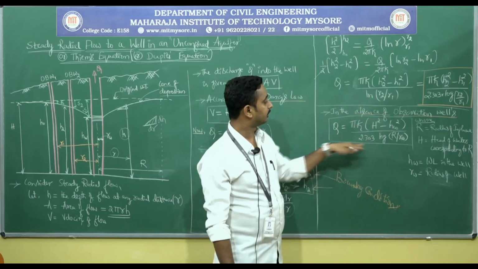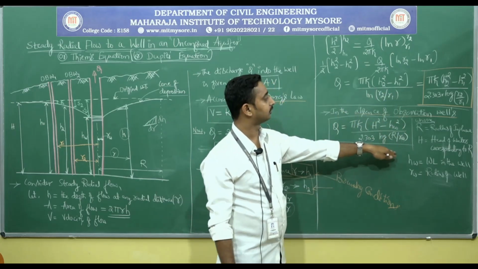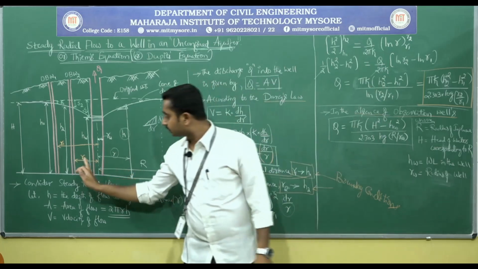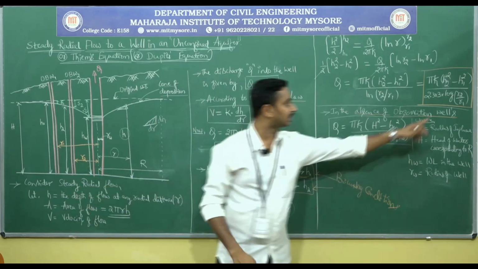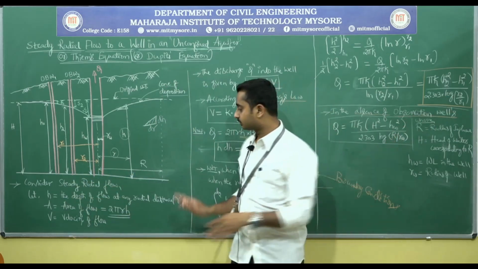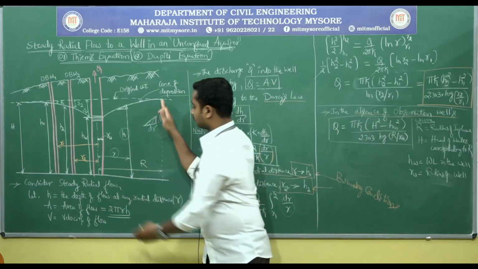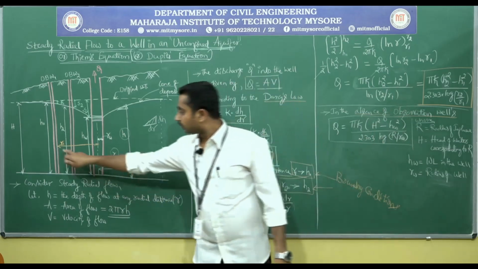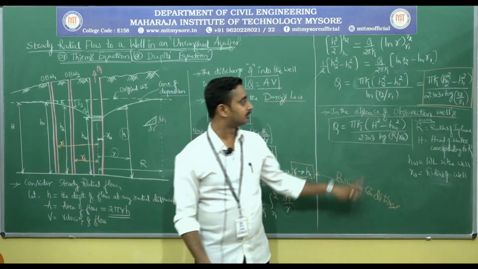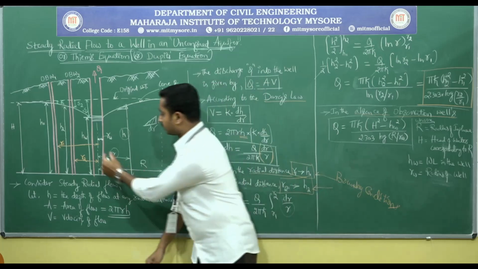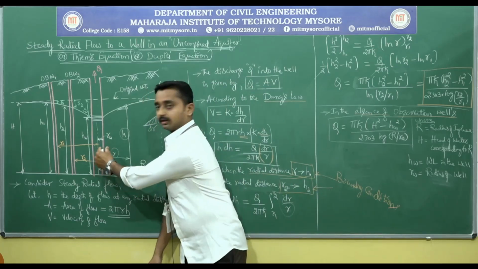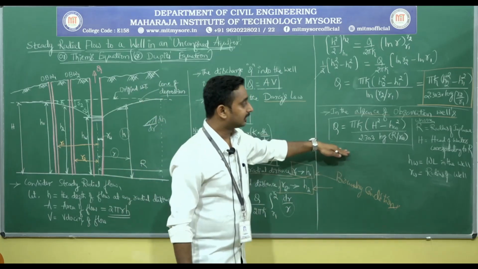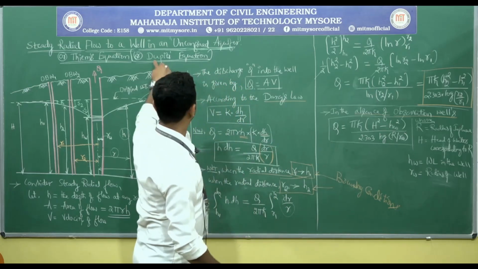Everything same, divided by 2.303 log of r2, the radius of influence. This term is replaced by capital R, the radius of influence, up to the cone of depression, divided by r1. This r1 is replaced by rw, the radius of the pumping well. This equation is known as Dupuit's equation.